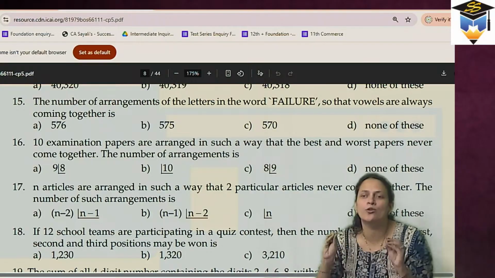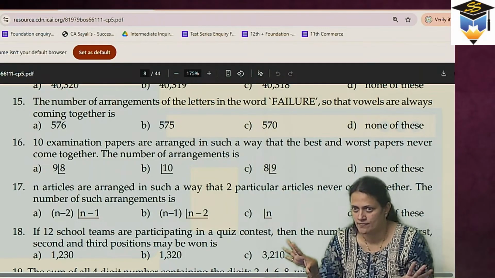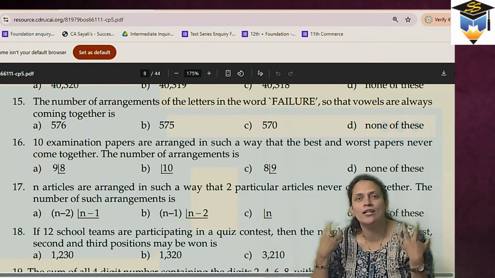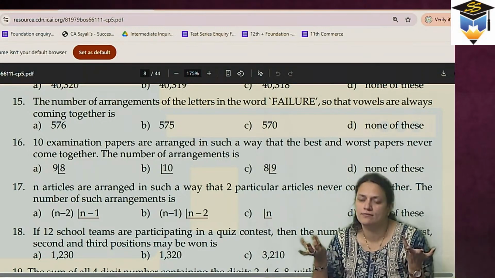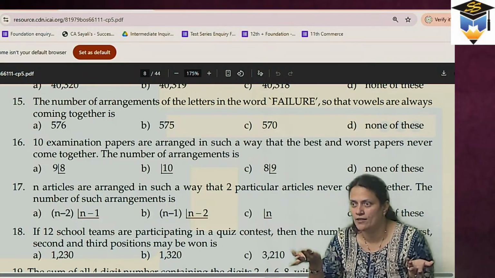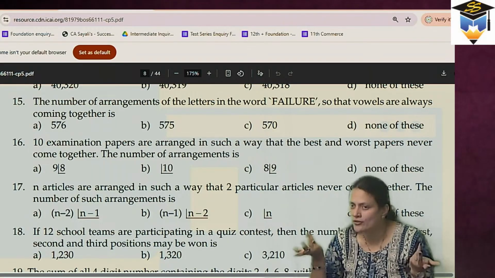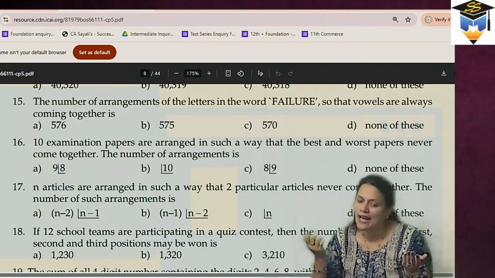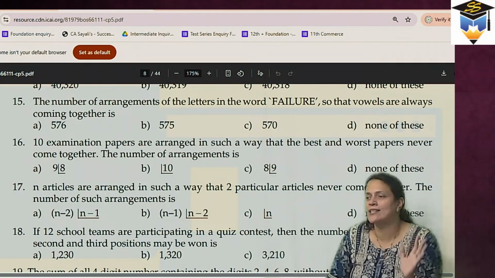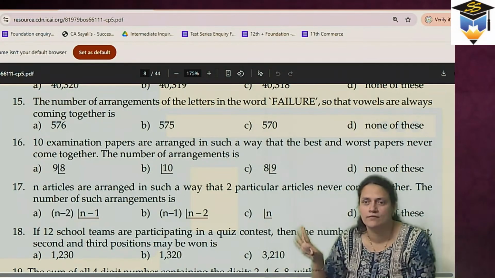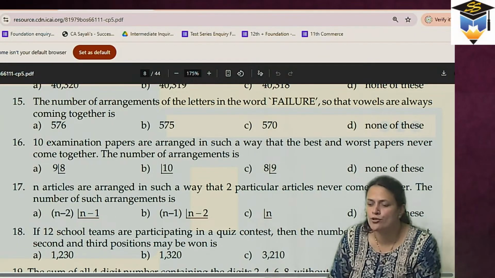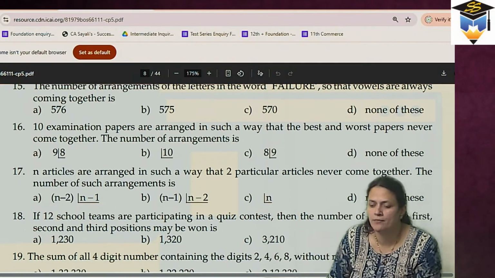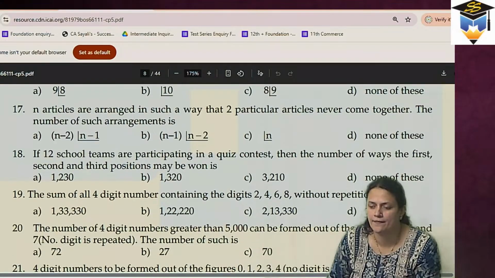Read the question 3 to 4 times. Understand, try to understand it in your own language, which is easy. Okay? In your mother tongue, which is always easy to understand. And then find out what has to be done.